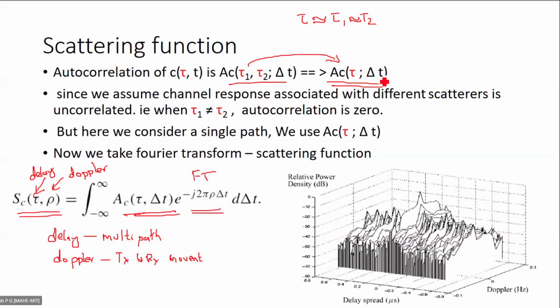The thing is that the textbook by Andrea Goldsmith is written in such a way that you have to go through all this autocorrelation, scattering function, delta t, tau, etc. So the idea is that you consider two different components at two different timings, and you analyze the correlation between them.